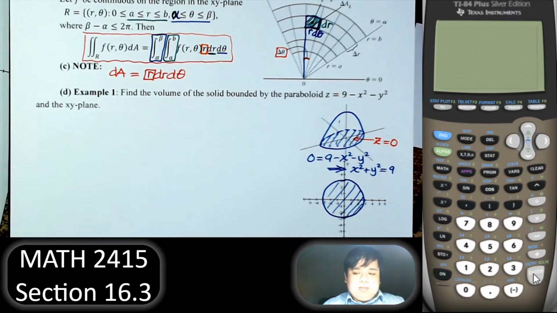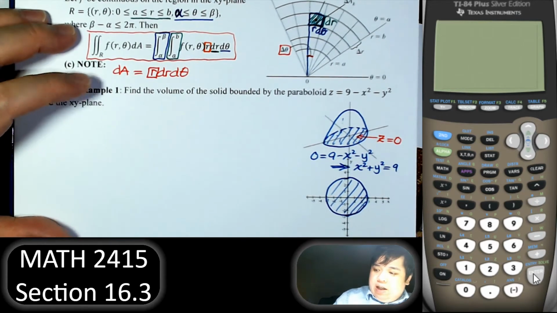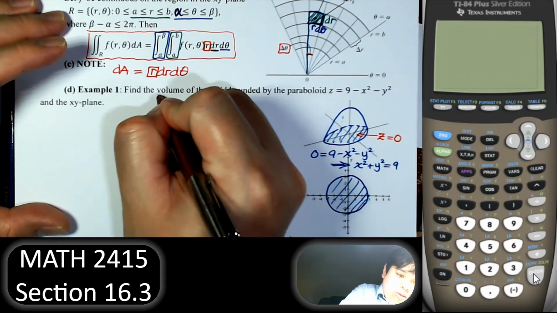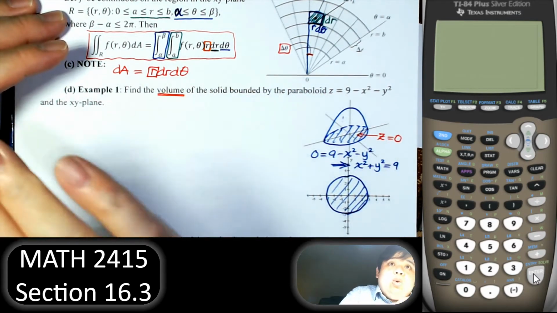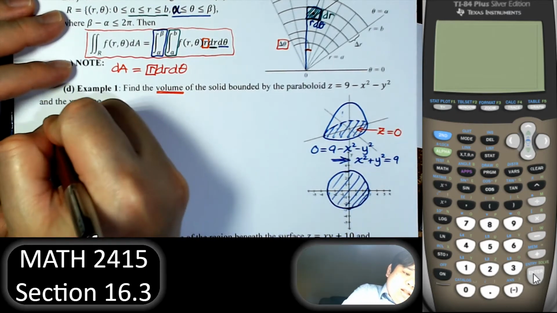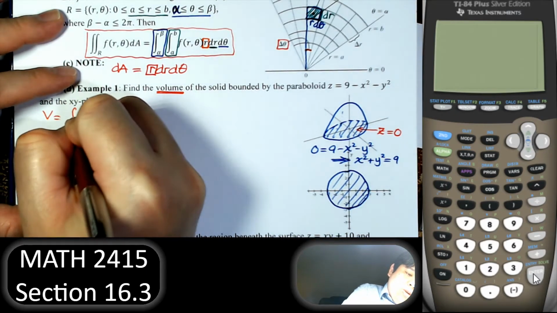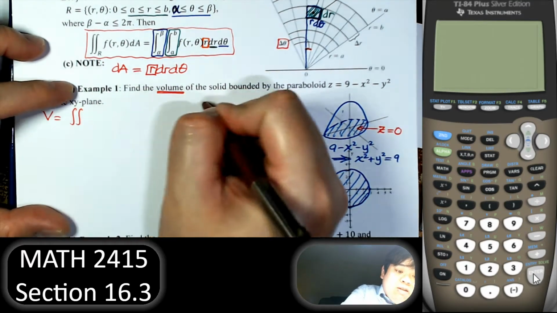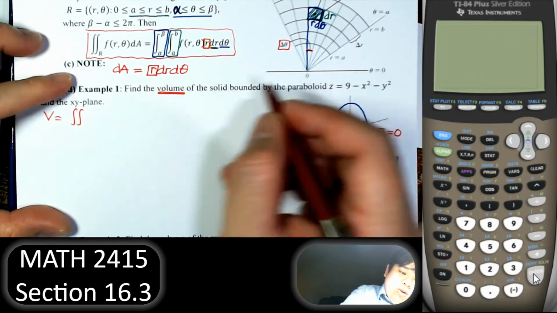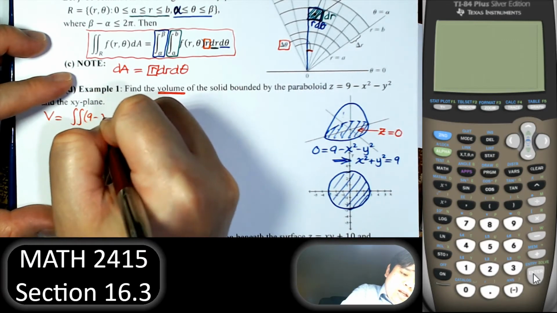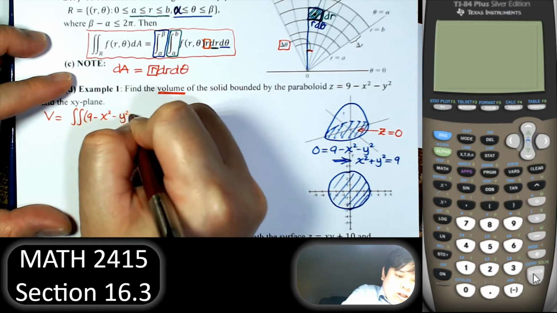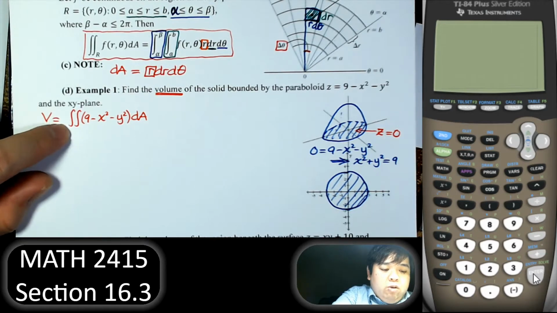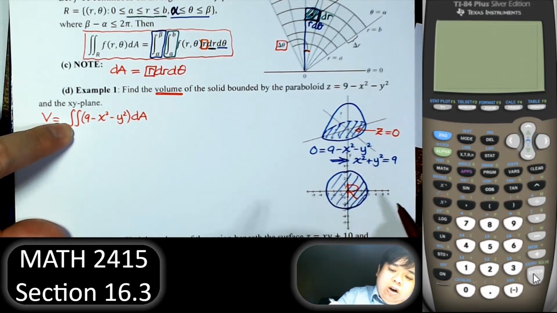First of all, let's write this out in rectangular coordinates. We're trying to find volume, so the volume below a surface is given by the double integral of the surface function, which is 9 minus x squared minus y squared, dA, over the region R on the xy plane.